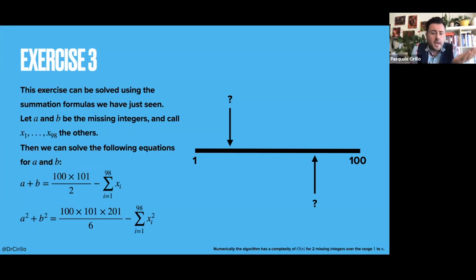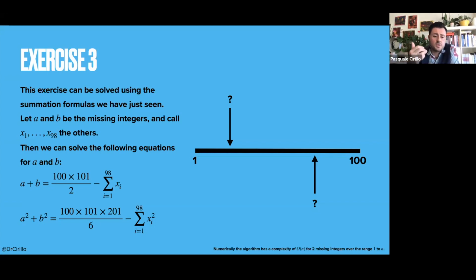If we call A and B the two missing integers, what do we know? I know that I have A and B, and then the 98 integers for which I can, for example, consider the sum. Now, these integers are from 1 to 100, so they need to satisfy the summation results we have just considered.